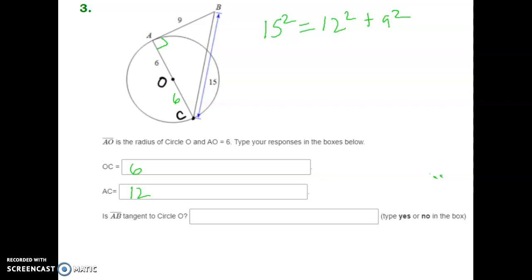Let me take out my calculator: 15 squared is 225, and 12 squared is 144, plus 9 squared, which is 81, and 12 squared plus 9 squared is 225. So they're equal. That makes it a right triangle. So is AB tangent? Yes, because it's a right triangle. Boom.